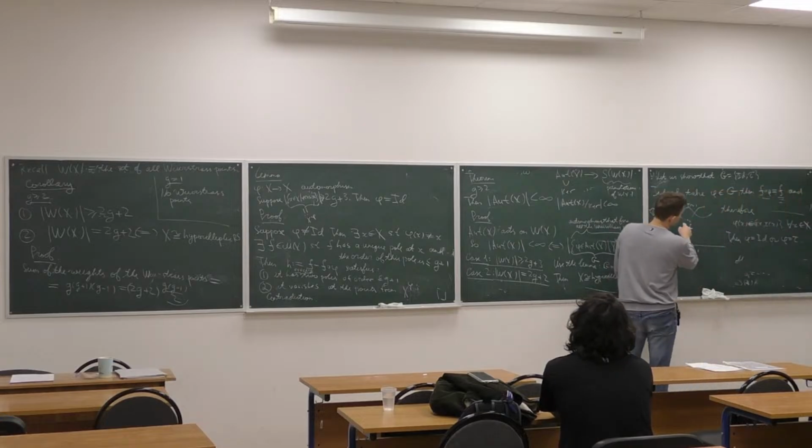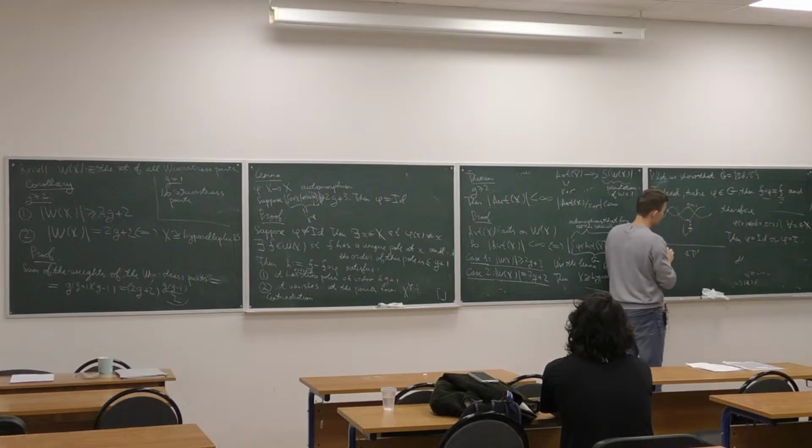Because basically, choose some point not equal to a Weierstrass point. If phi maps x to x, then it maps some small neighborhood of x to a small neighborhood of x, and then by the identity theorem, phi should be the identity.